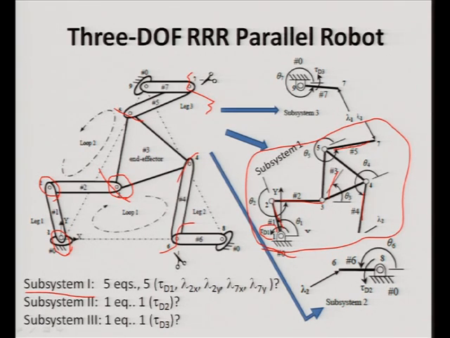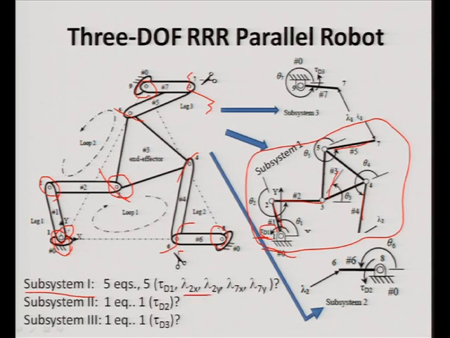Typically, this kind of parallel robot will have driving mechanisms here, motors, another motor here and another motor here. So, here this is the driving torque unknown, and I cut it at 2 locations. So, at this location I have lambda 7 and here I have lambda 2.